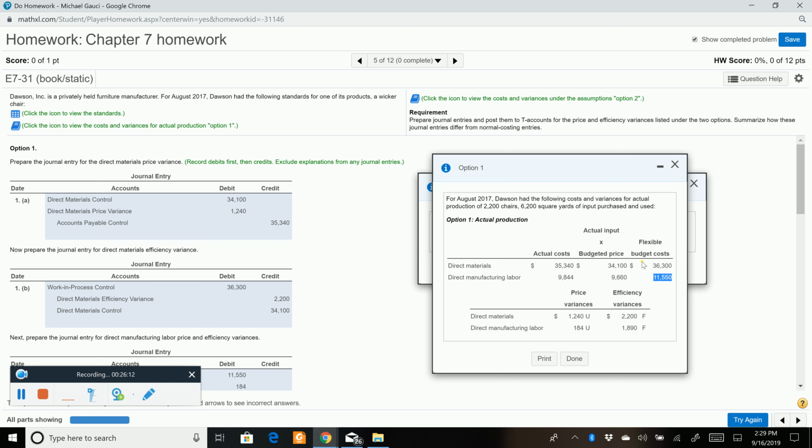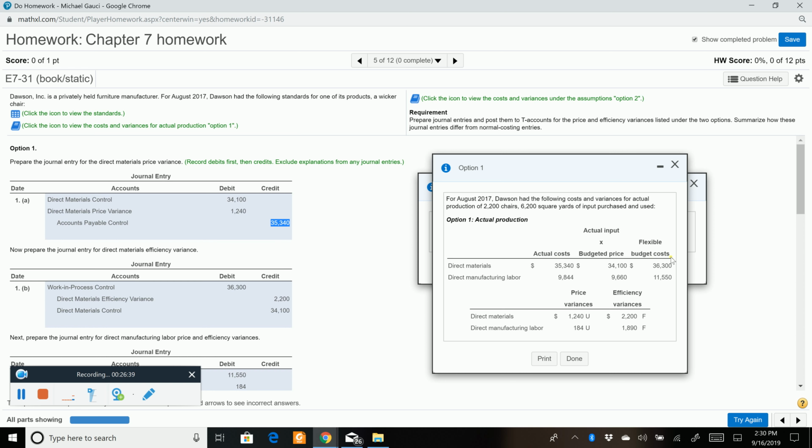So how do we actually record the journal entry? We've spent so much time looking at variance analysis. We really haven't paid attention to the actual journal entries that are made. Well, the first journal entry when we record the actual materials usage is basically we're going to credit the accounts payable $35,340.